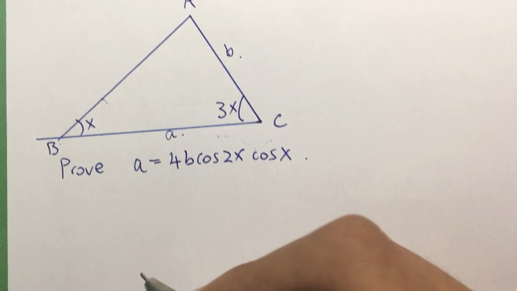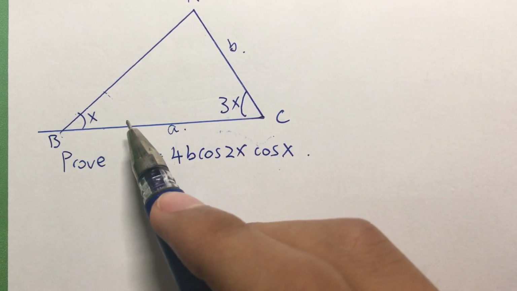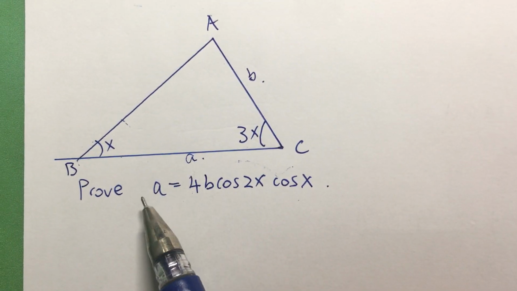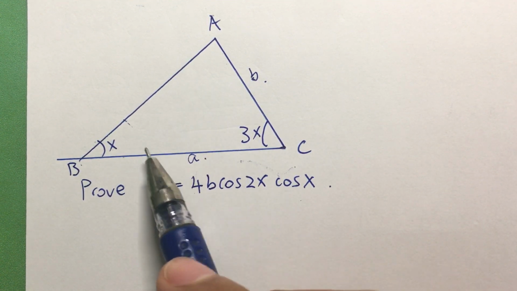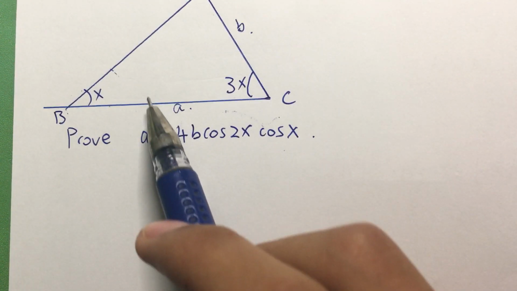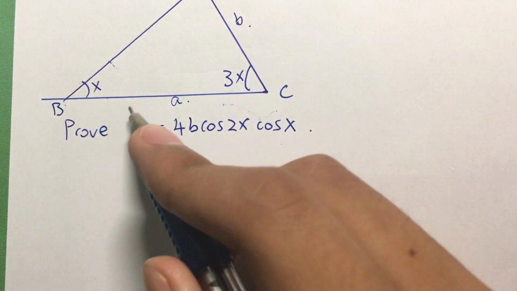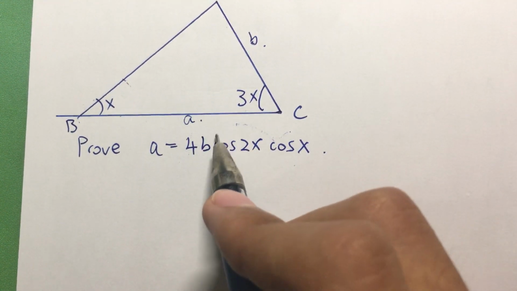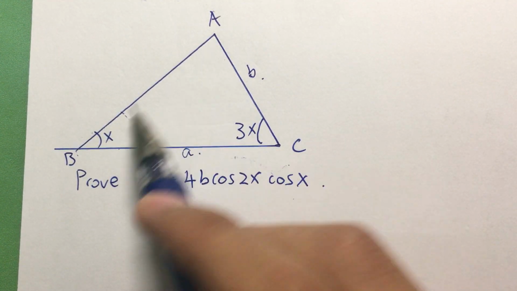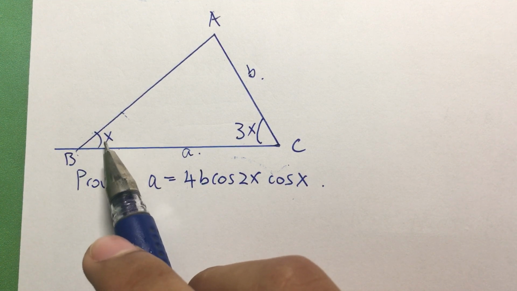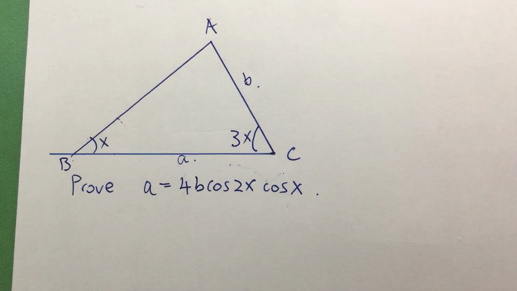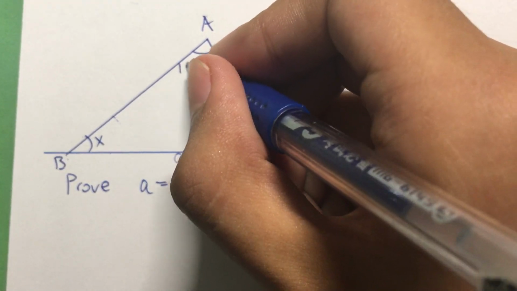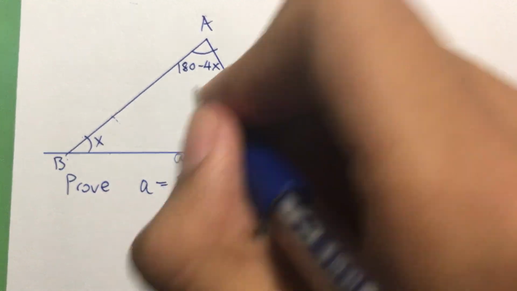Probably most of you don't know where we should start, because this is something related to an actual triangle. Firstly, we know that there are two angles, and the sum of internal angles of a triangle adds to 180, which means that this angle is equal to 180 minus 4x.